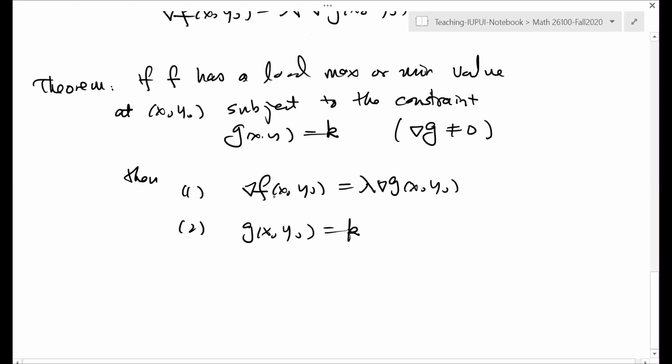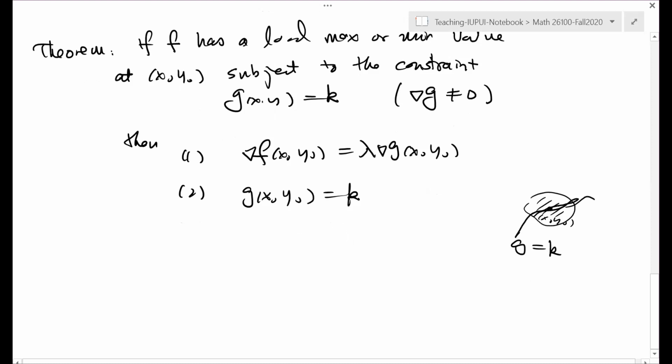Otherwise, if the function has a local maximum value in the whole domain, for all the points nearby, then the gradient of f is going to be 0. But if you only restrict it to the curve g equals k, then the gradient of f is not going to be 0. The gradient of f is going to be proportional to the gradient of g. That's slightly different.